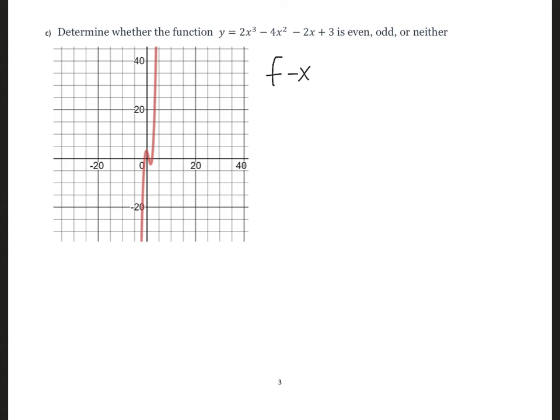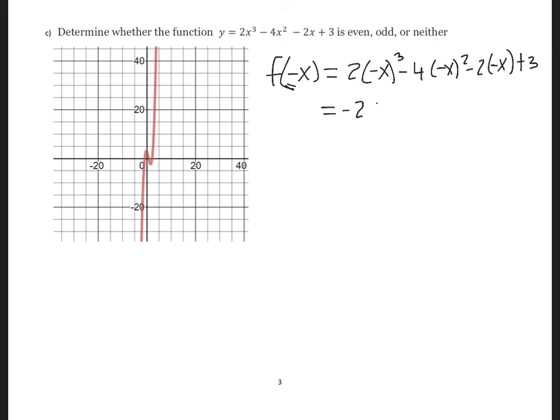So f of negative x is equal to 2 times negative x cubed minus 4 times negative x squared minus 2 times negative x, and then plus 3. And what do we get?